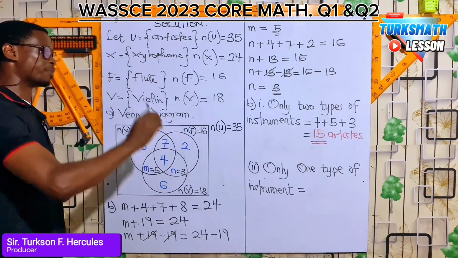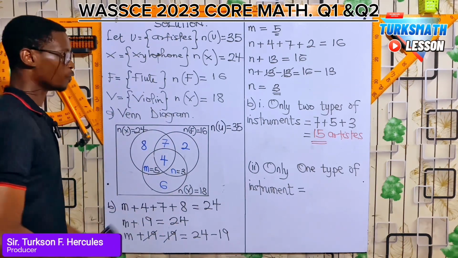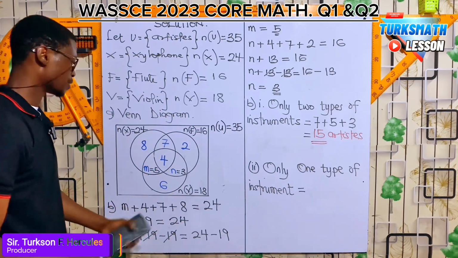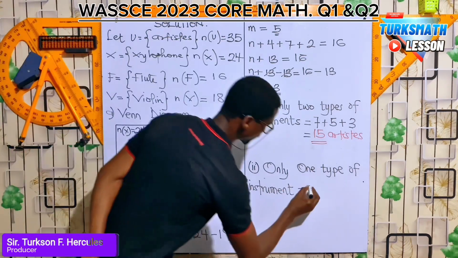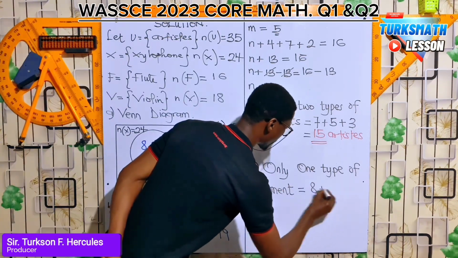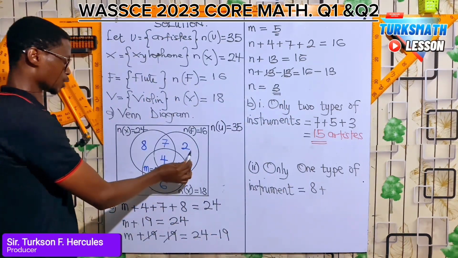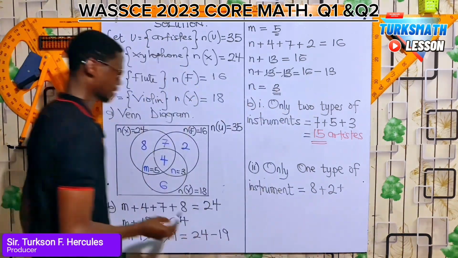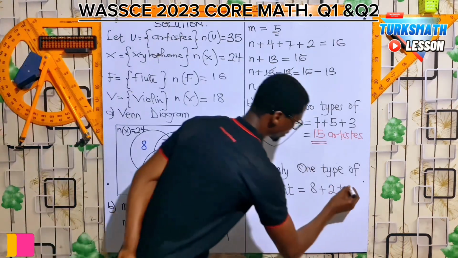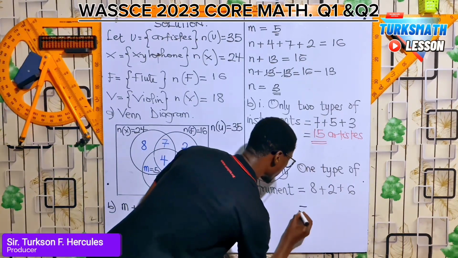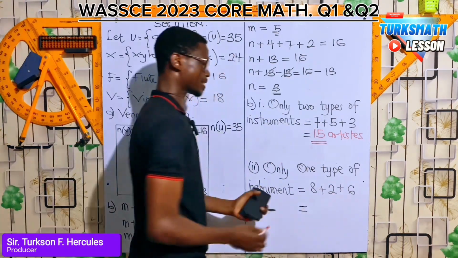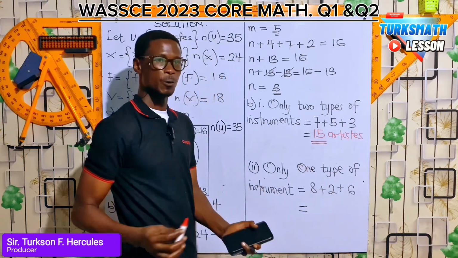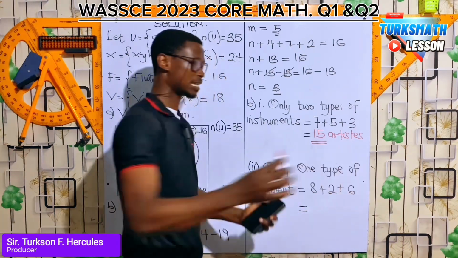Only 1 type of instrument. So for only 1 type of instrument, we are going to have 8 plus 2 plus 6. 8 plus 2 will give us 10, plus 6, 16.